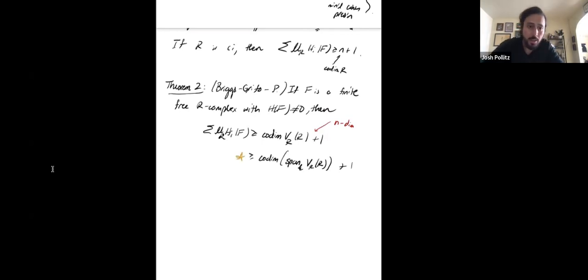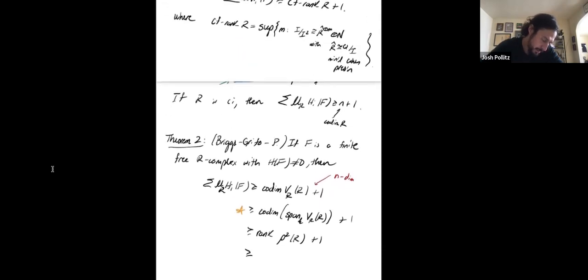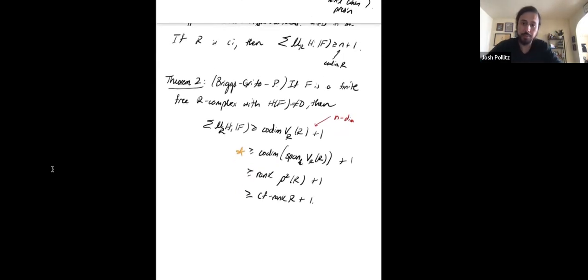Okay, or potentially. So let me pay attention to this one. And it turns out that this is at least the rank of row 2 of R. I'll tell you what this is in a second, but this is the radical of the homotopy Lie algebra. It's those radical elements in degree 2. And just to fit this in with the ABIM theorem, this is at least the conormal free rank of R plus 1.